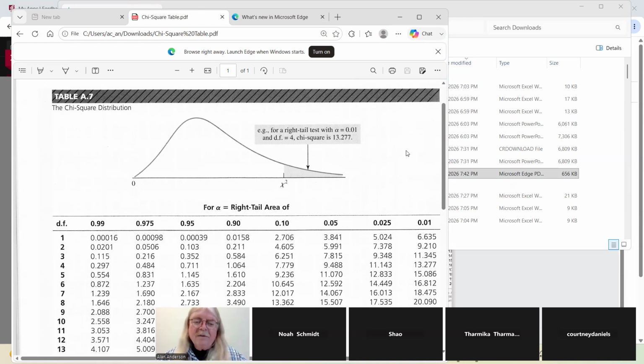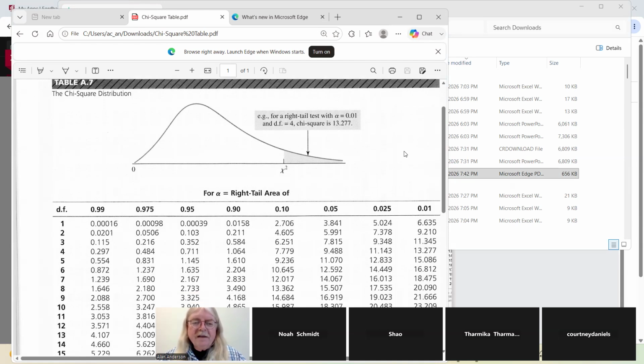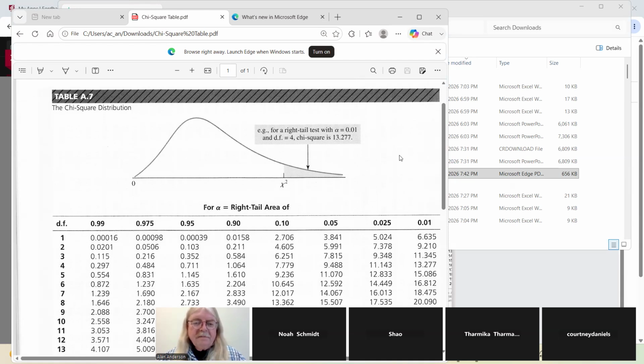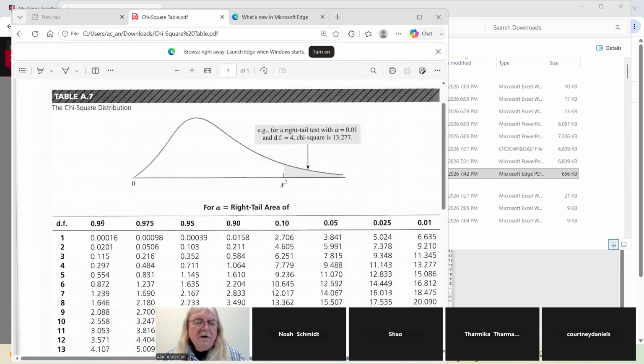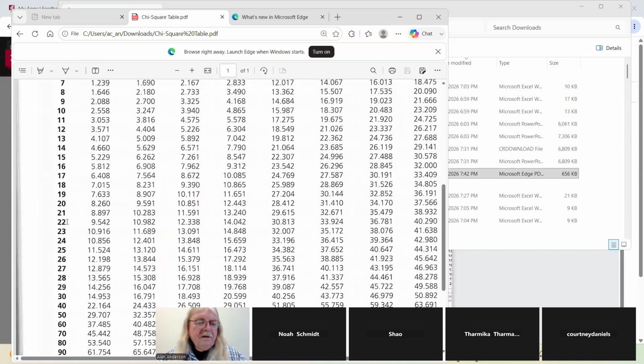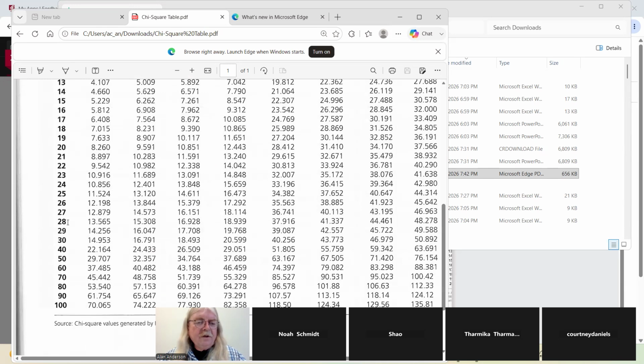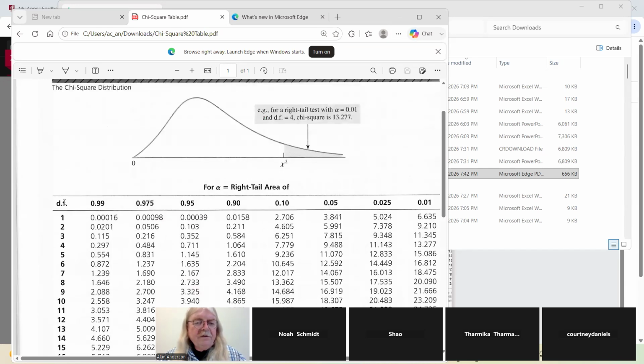We have to get into the habit of looking in the right tail because of the way it's defined. So what you're seeing on the top are the alphas, the different alphas. And over here on the left column, you're seeing the different degrees of freedom. And, of course, they can't cover them all, but they've got a large percentage of them. So to look up a value under this curve, we need the right tail area and we need the degrees of freedom.